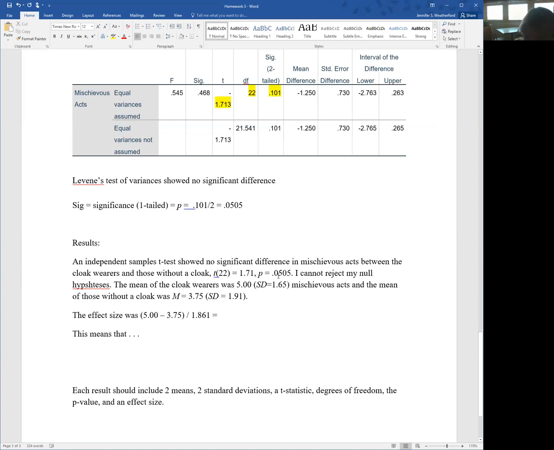If this number was less than 0.05, if it was 0.04999999, I could reject the null hypothesis, but it's just barely over 0.05, and so therefore I am stuck with my null hypothesis. And I have to say basically that the group that wore a cloak and the group that didn't wear a cloak were basically the same.